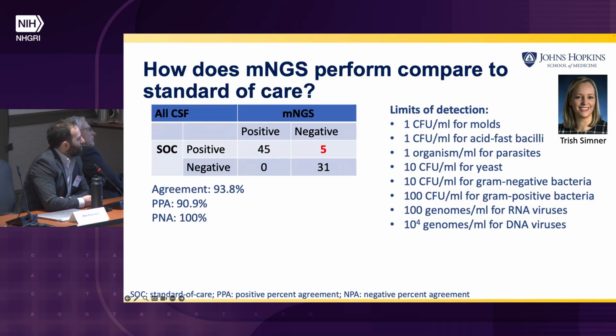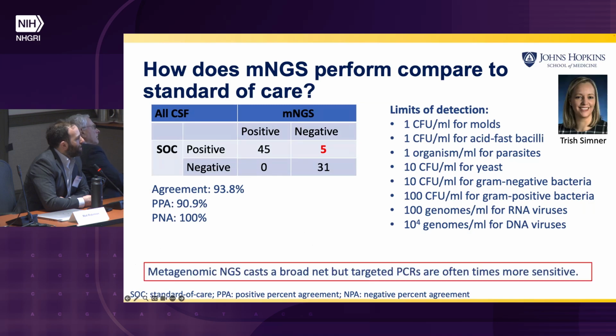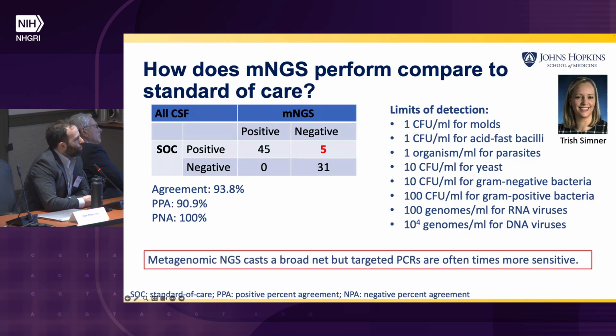Overall, we can make exciting diagnoses, but it's important to note the limit of detection generally is not as good as a dedicated nucleic acid amplification test. So for example here, you'll see that for RNA viruses, the limit of detection in this work was around 100 genomes per mL, which is going to be higher than it would be for a directed PCR test.